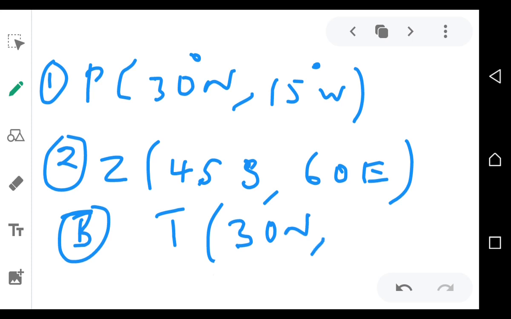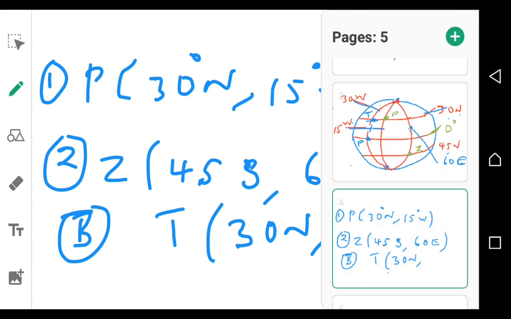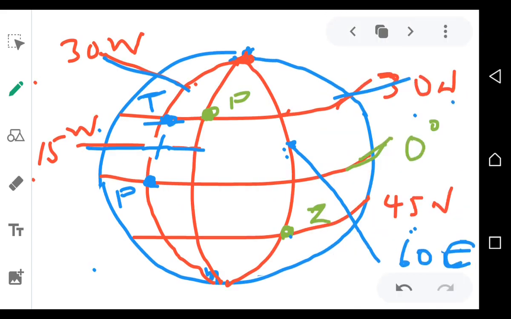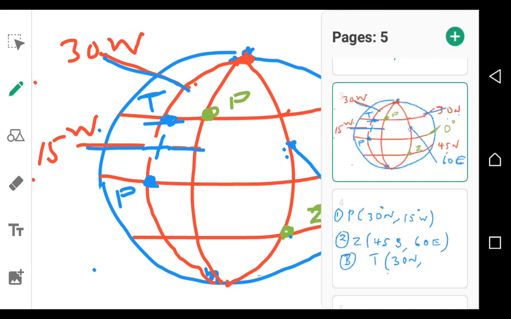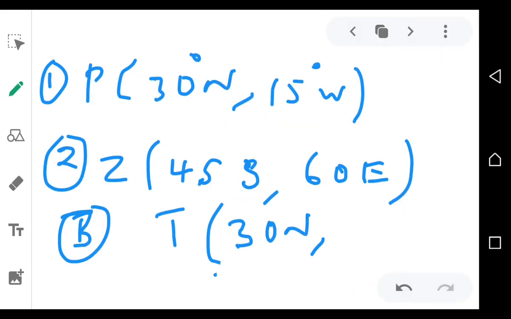And then y-axis is what? Where T is lying? You see where T is, you check where the two lines intersect. The one that's coming from on top is 30W. So here it will be 30W.